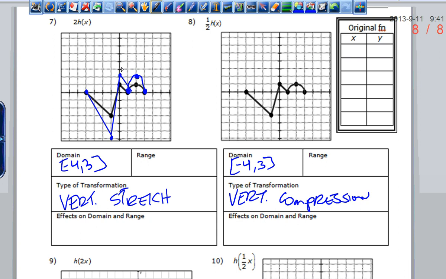So now my range, stretching, instead of being at -3 to 1, is -6 to 2, which makes sense because we multiply all our y values times 2, which is our range effect. So y values times 2.